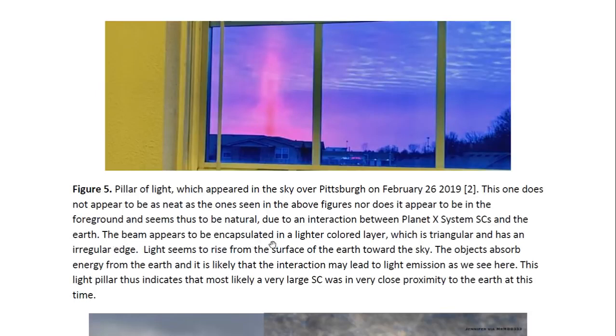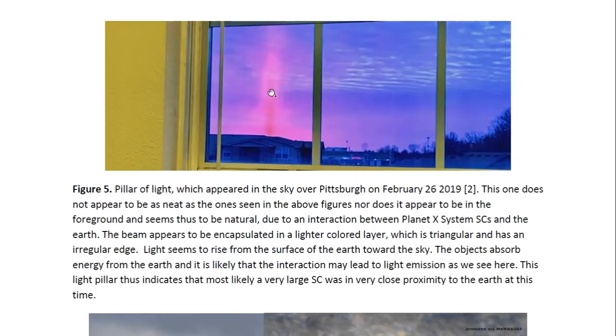The beam appears to be encapsulated in a lighter colored layer. You can see this more intense magenta colored beam in the center and this less intense, or at least lighter colored layer surrounding it, which is not in a regular shape at all.